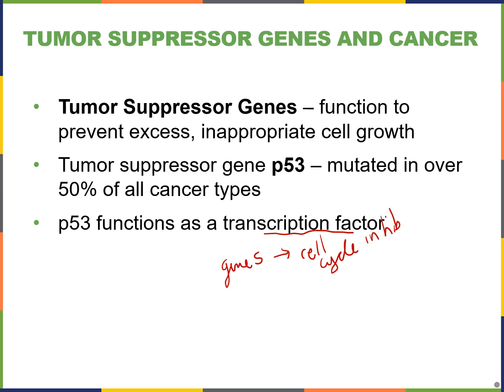These genes will encode proteins that inhibit the cell cycle. And this is especially true if cells are exposed to some kind of damaging radiation or other chemicals that have damaged the DNA. So when P53 is mutated, it can no longer inhibit the cell cycle, and that's when it causes or can lead to inappropriate cell division and cancer.